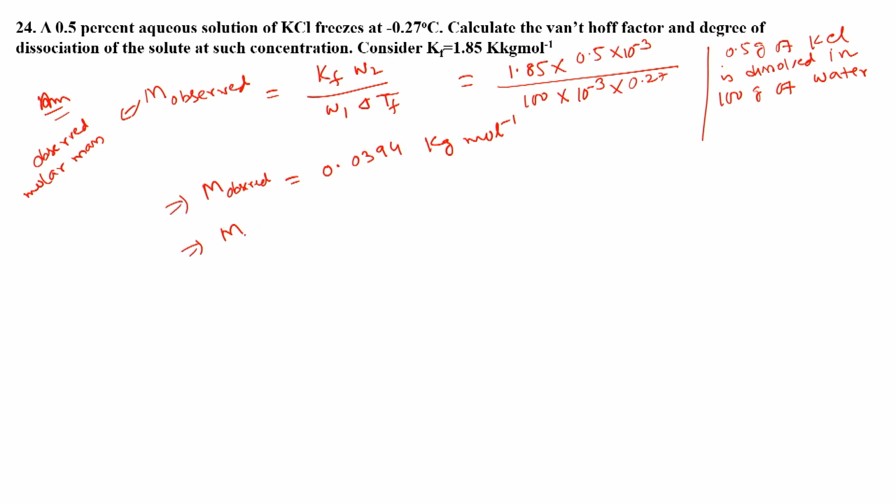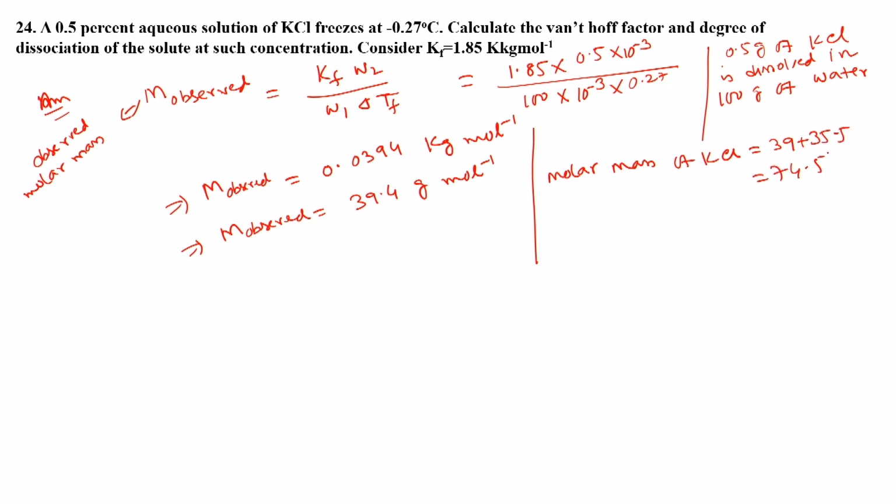So we get M observed is 39.4 grams per mole, and the molar mass of KCl is 39 plus 35.5, so 74.5 grams per mole.